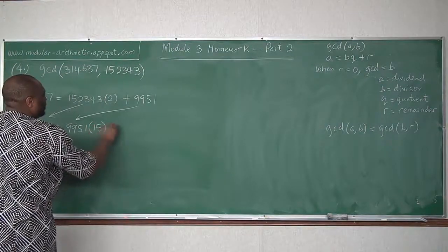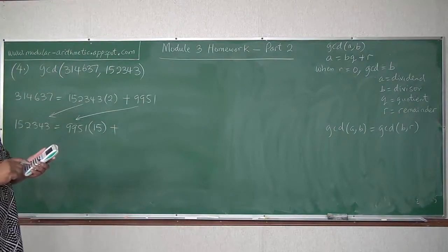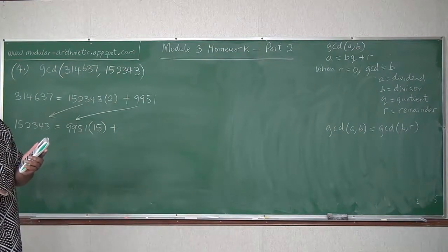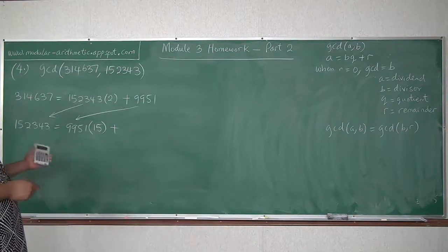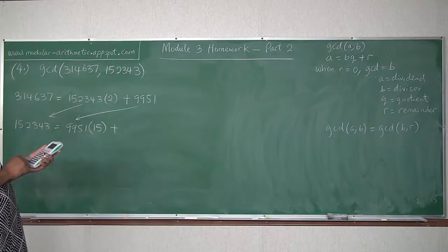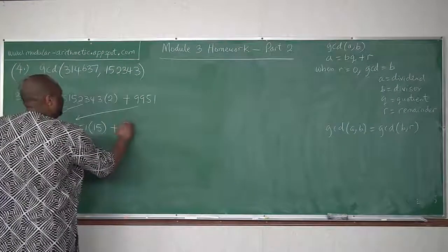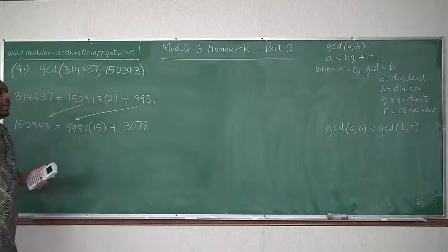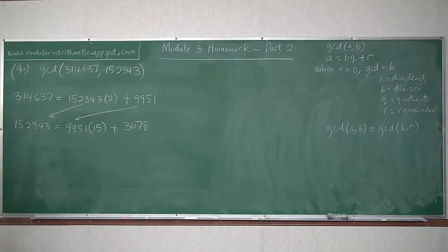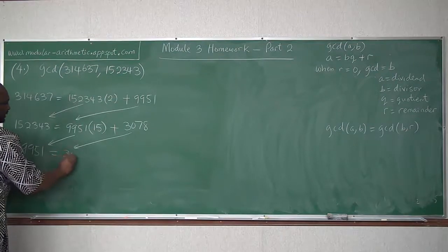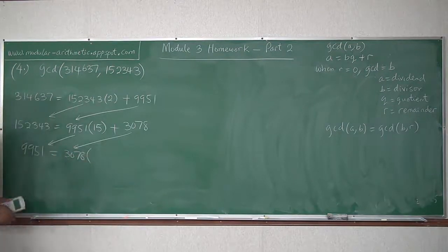Now 9951 times 15 gives us 149,265. We subtract that from 152,343, and we have 3078.